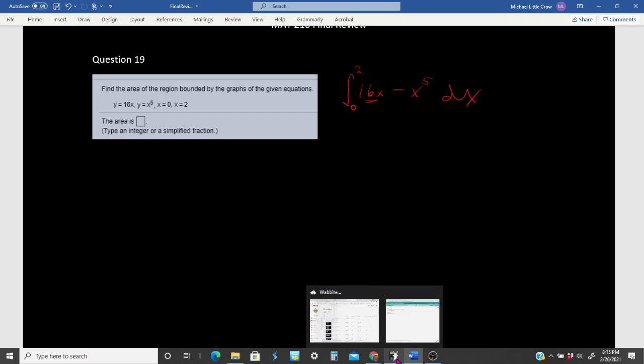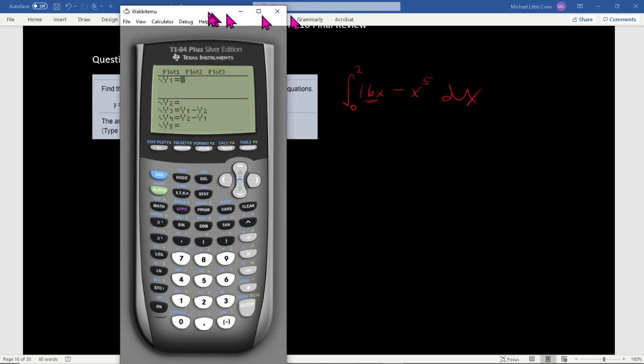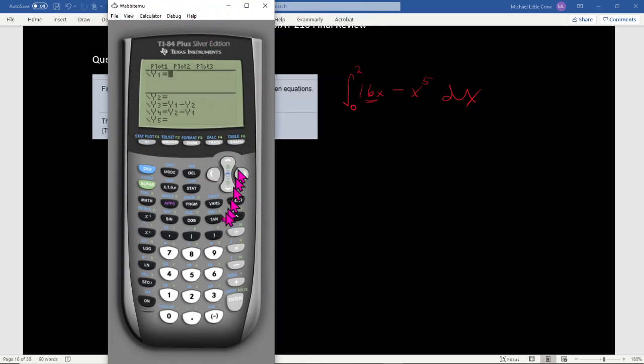What we will do is graph it just to be sure. So graph 16x, and that's why I have this set up, the y1 minus y2. I can see which one I want.